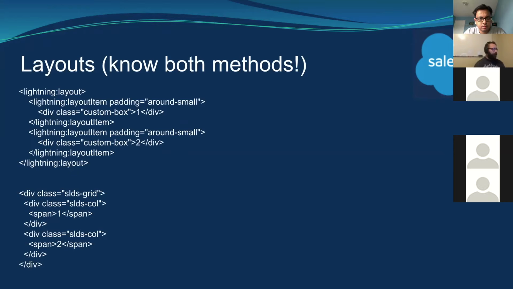My strategy is to try to use Lightning layout and layout items first. And then if you're doing something really custom, you may not be able to get exactly the presentation you want with the layout items. So then you might have to switch to the SLDS grid, which gives you full control over all the options of the grid layout, plus it will allow you to break out of it a bit and override things more easily.